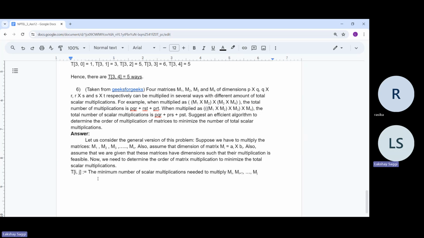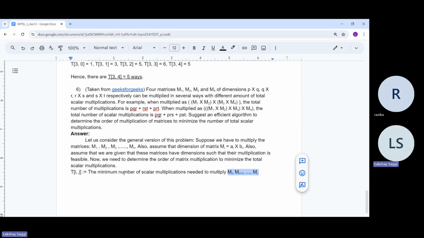What I'm saying is, suppose I was given some matrices out of this set of matrices, the matrices Mi till Mj, and I was asked to calculate just this product, Mi with Mi plus 1, Mi plus 2, Mi plus 3 till Mj, and I want to find the minimum number of scalar multiplications. Suppose this was the subproblem given to me. I'll define this as Tij.